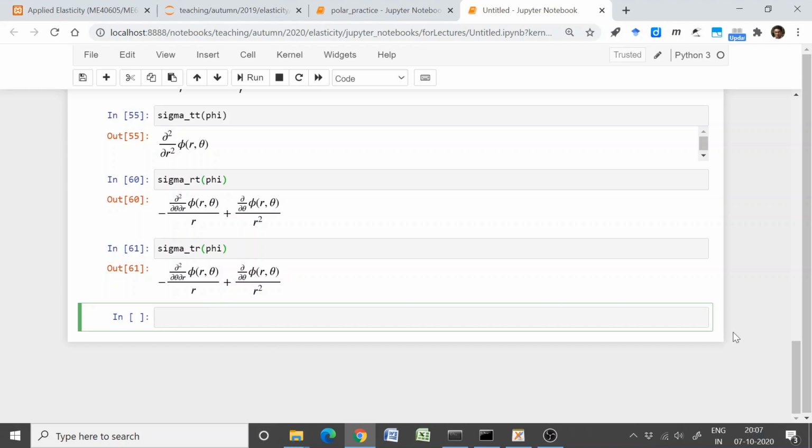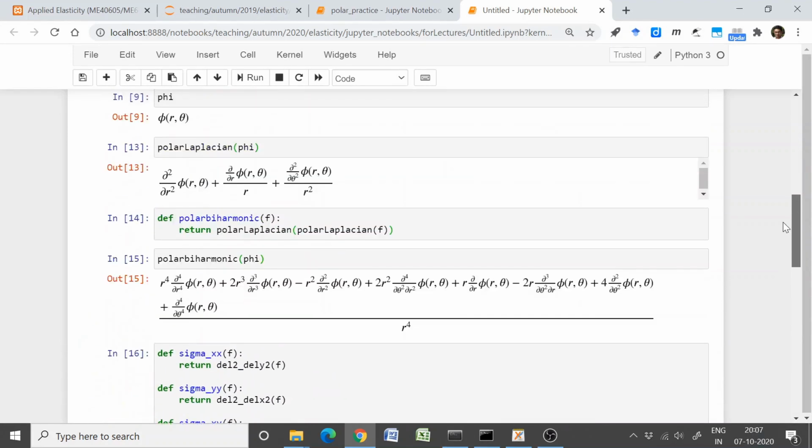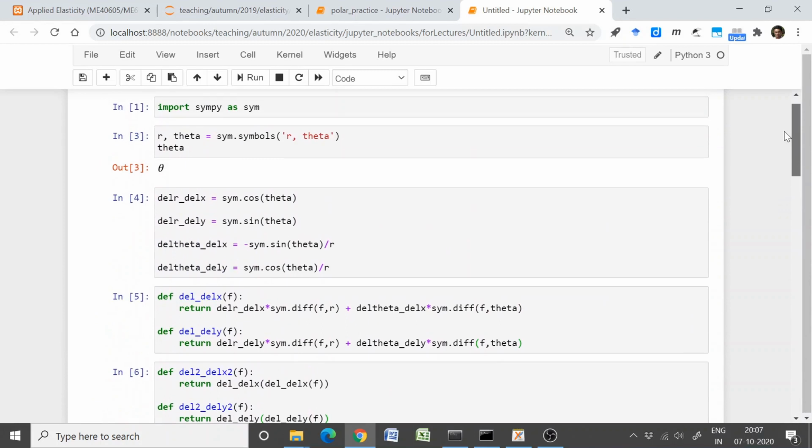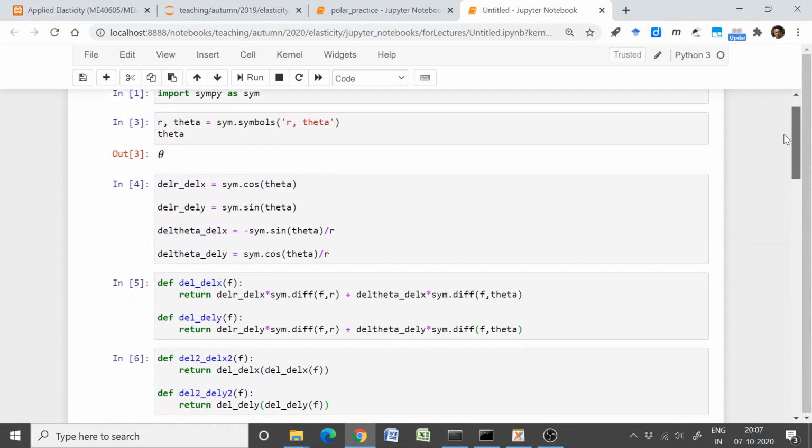Now with these definitions in hand, we are in a position to go on to the solution of problems involving the polar coordinate system. Okay, now you may expect that these definitions that we have written down within this particular file will have to be utilized over and over again in various files.